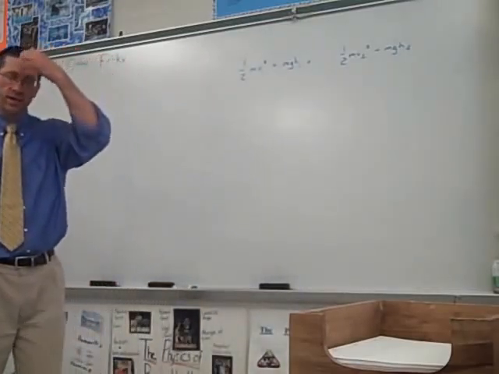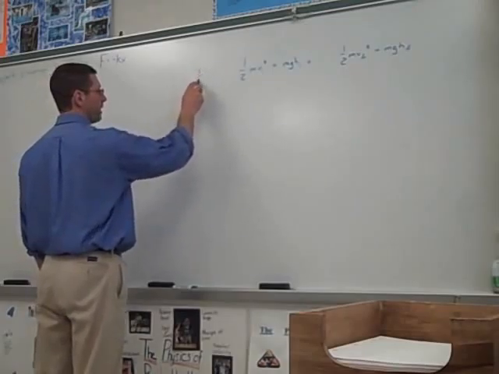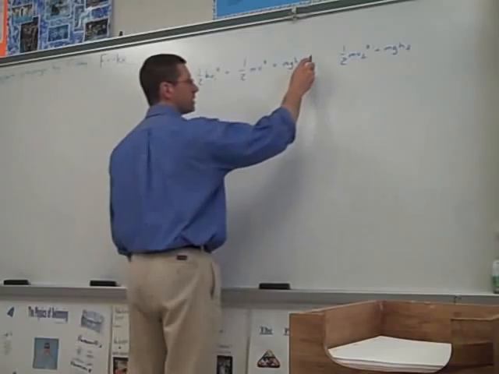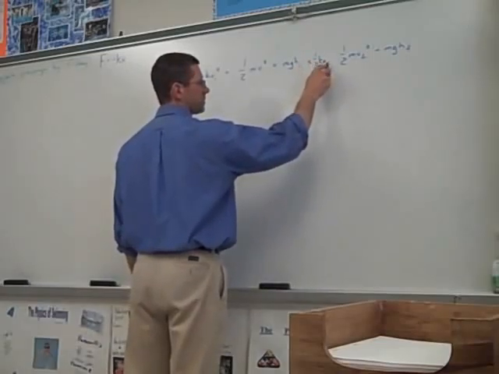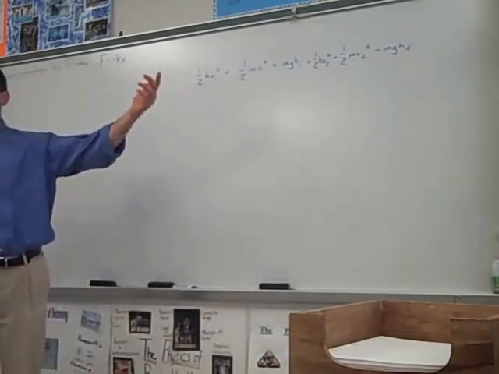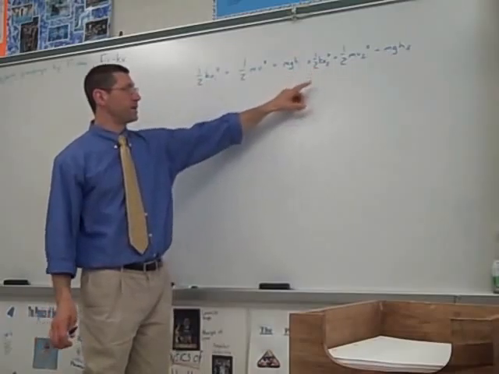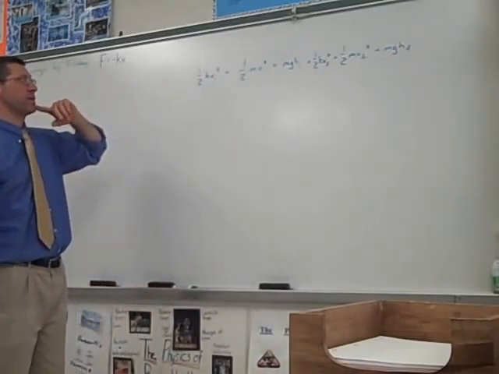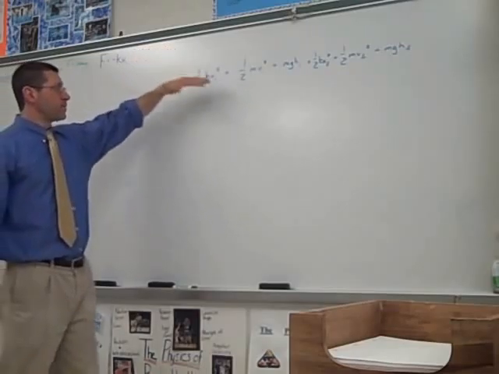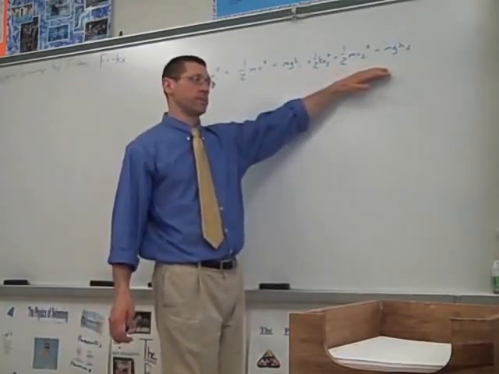Well, this elastic potential energy is a form of mechanical energy, so now we can add this new form of energy into this equation. So now you see mass won't cancel out anymore, so we need to leave mass in there. But now the sum of all the initial energies equals the sum of all the final, okay?